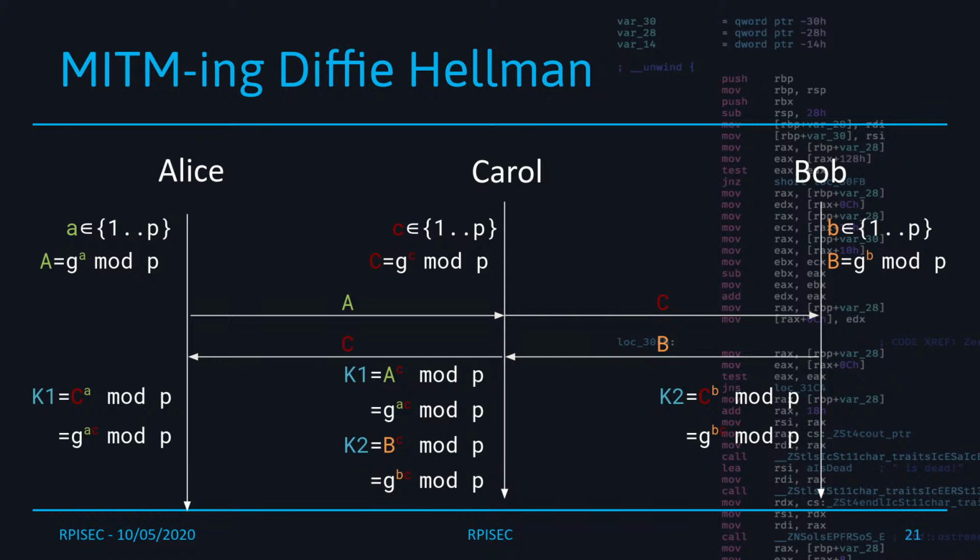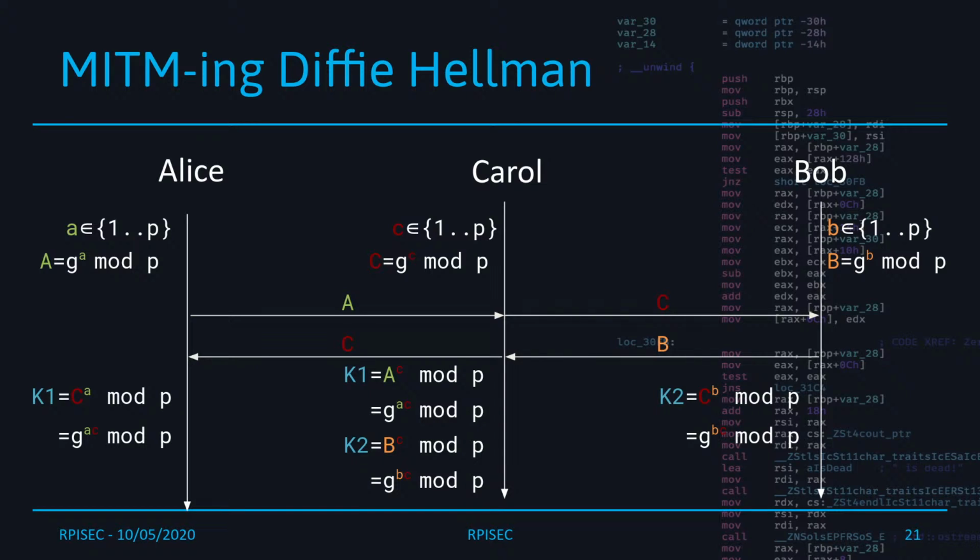And at this point, the scheme is completely broken, because if Alice uses K1 to encrypt some message and send it off to Bob, then Carol can very easily decrypt it, read it and modify it if she wants, and re-encrypt it with K2 and send it off to Bob, who will then decrypt it with K2 and read whatever message that Carol had sent.